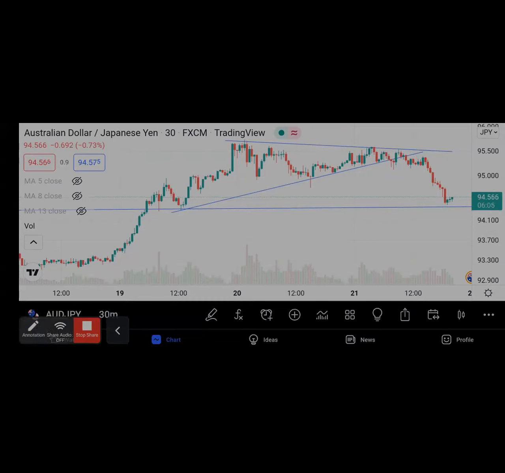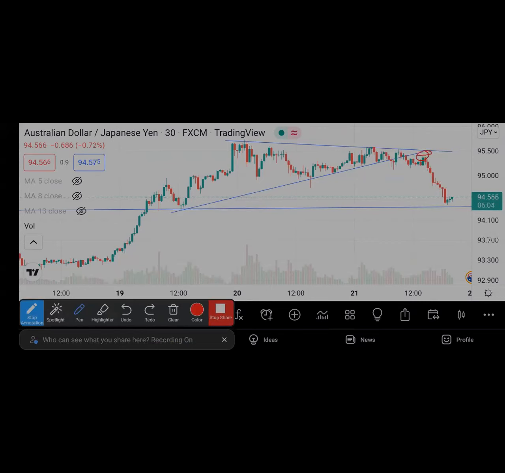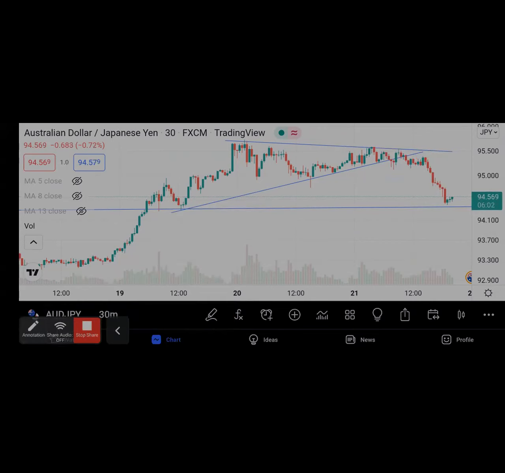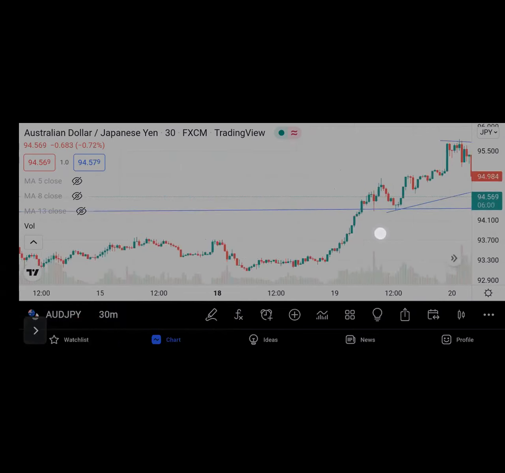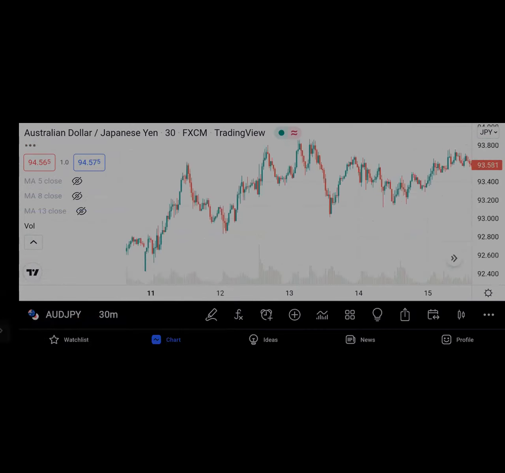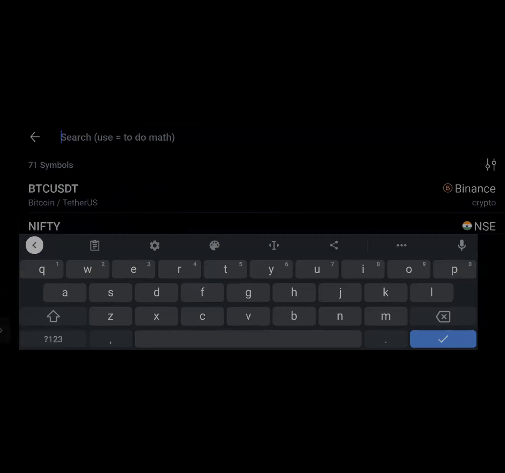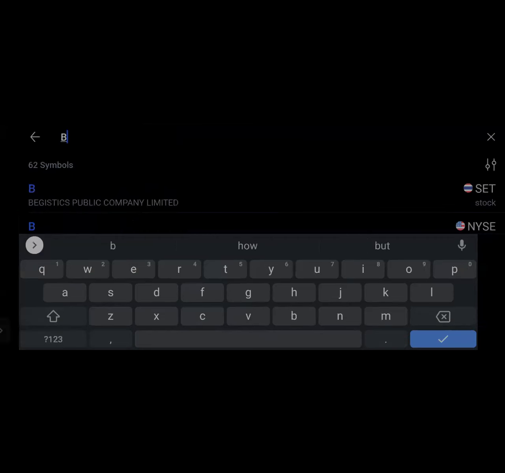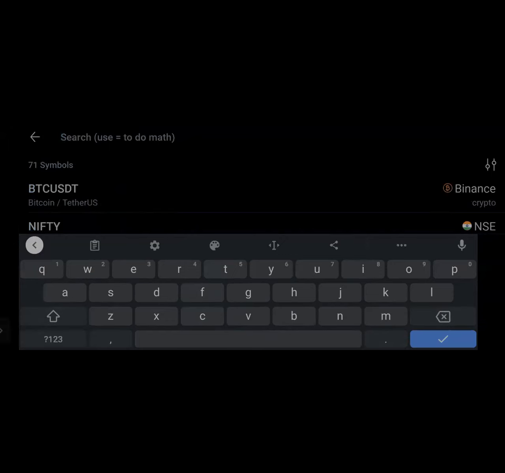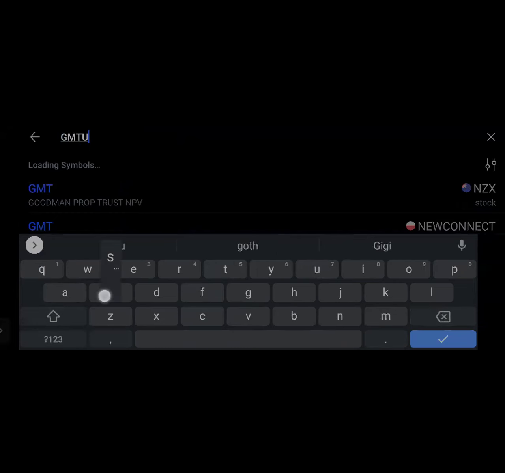Let's look for a double bottom. I can use forest to look for a double bottom, right? Let me see if I can, or let me just use scripting. Or I use GMT, USDT.